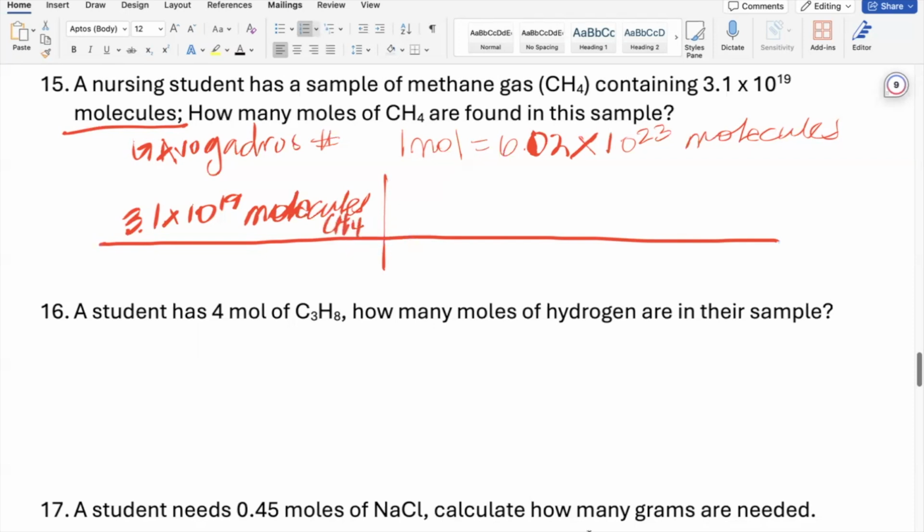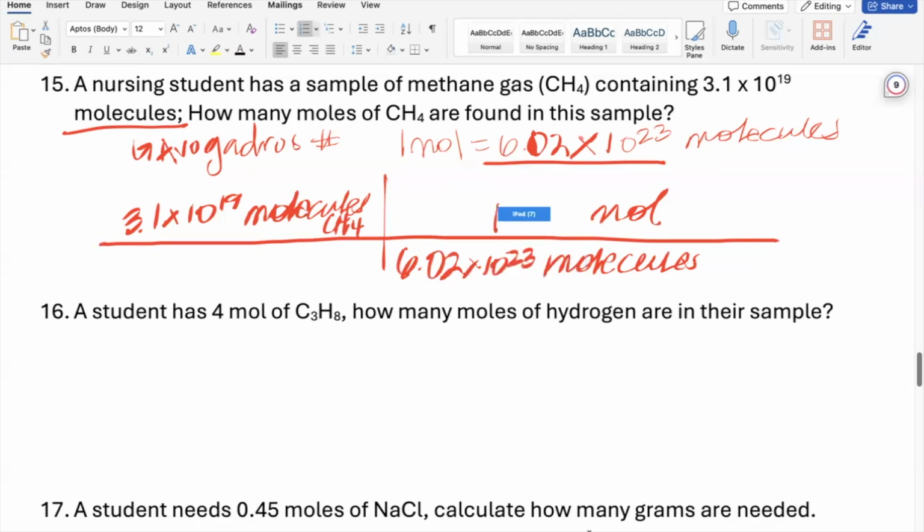So now I want molecules on bottom so that they will cancel. And I want moles on top. And I know that there's 6.02 times 10 to the 23 molecules. So I'm gonna put that on bottom down with my molecules, leaving 1 to go on top. All right. So that leaves me with moles, which is my desired unit, which is great. This is just a one-stepper.